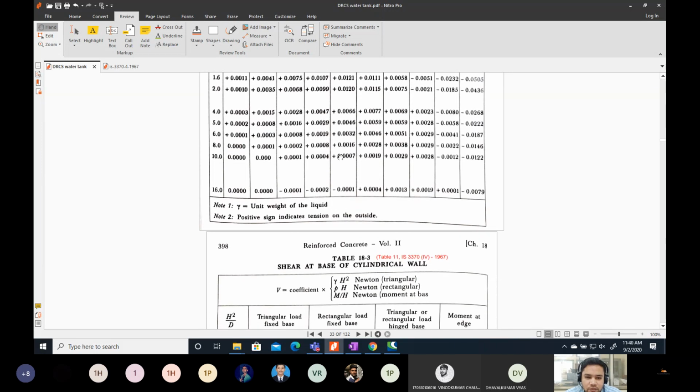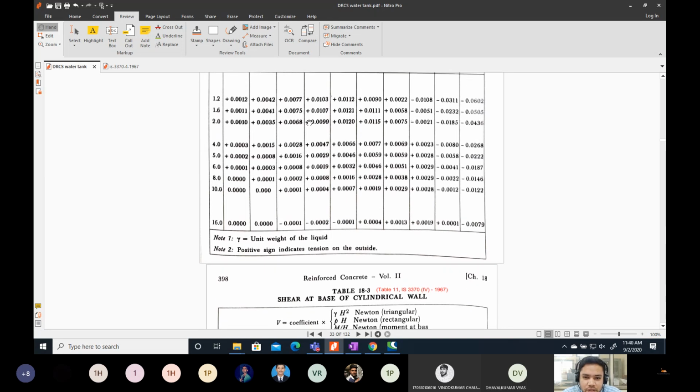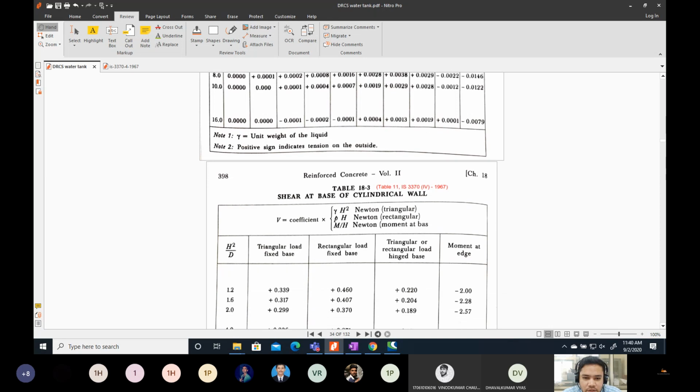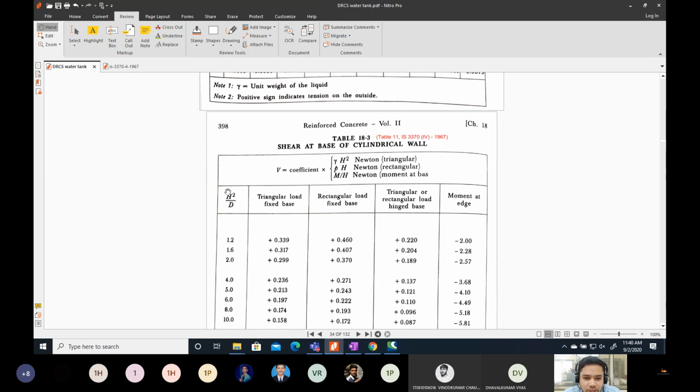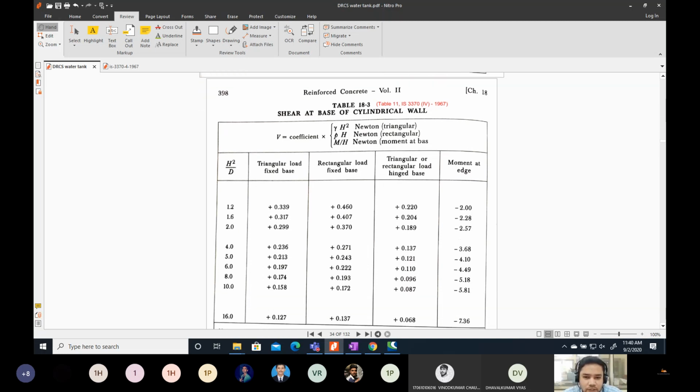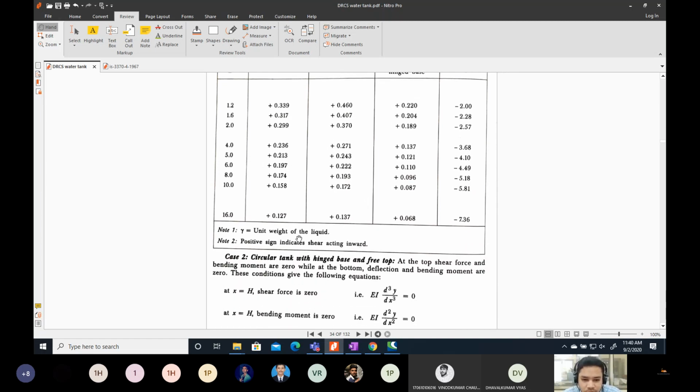Okay, so instead of solving analytically, which is a lengthy process, you can use these coefficients if you have these tables available. Similarly, for shear, you can find it for h square by dt ratio, and for triangular loading with fixed base and triangular loading with hinged base, you can use these two columns for finding the shear at the base.